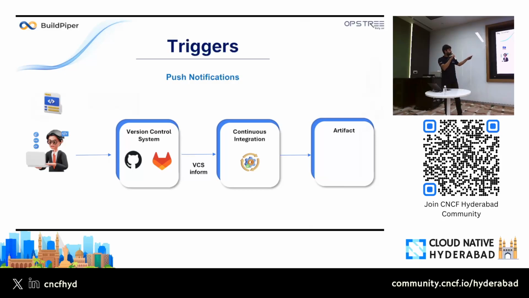The developer pushes code into the version control system, and on the basis of that push, once that event gets triggered, the VCS informs the CI system that a change has happened, and the CI system then runs the pipeline and publishes the artifact. This reduces the problem of too many calls being made to the VCS system.